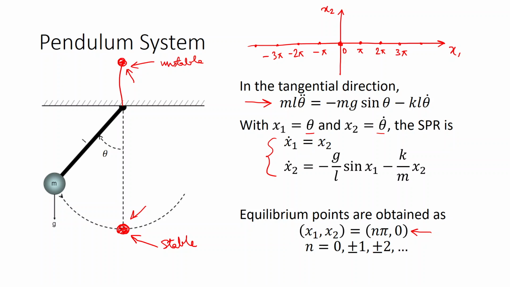So in a way, the mathematical system has infinitely many equilibrium points, but the physical system has only two equilibrium points. The actual system only has two. The mathematical description is actually superimposing the repetition of the equilibrium points on the same two equilibrium points. So this sort of situation can also arise, and that is why the pendulum system is very peculiar in nature.